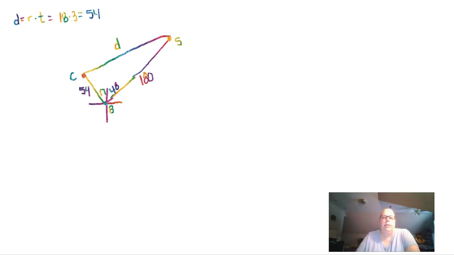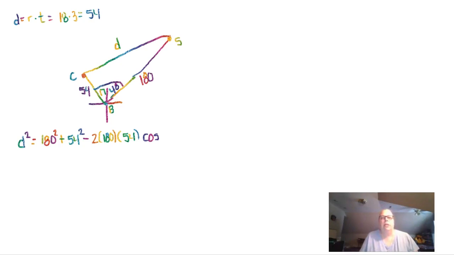And so now you can see we have a side angle side situation where we're trying to figure out the other side back over here. All right, so our formula is going to be d squared is equal to c squared plus s squared minus 2 times c times s times the cosine. Now our angle is actually going to go from here all the way across.